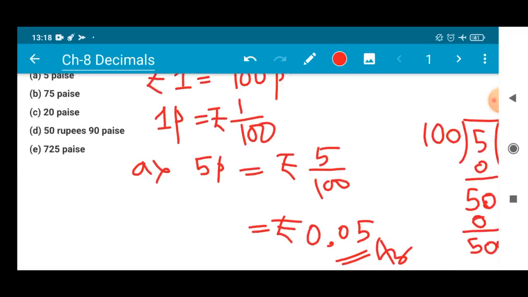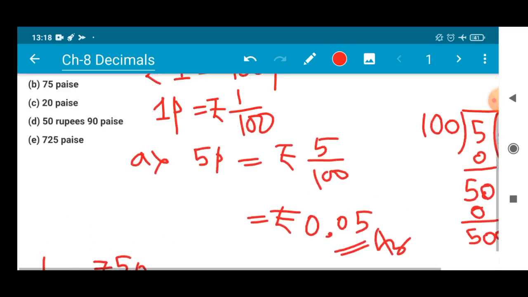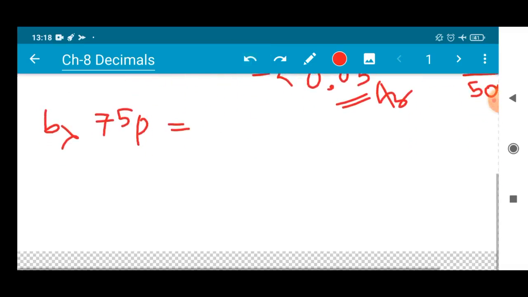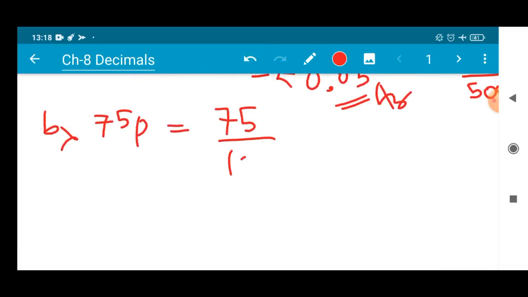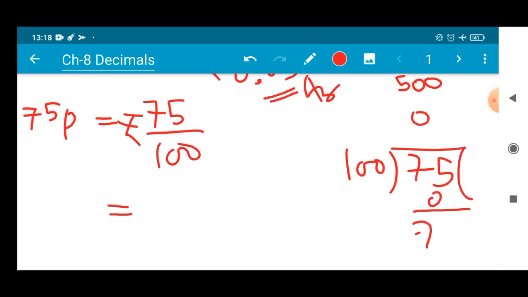Okay, next 75 paise. 75 paise we have to express in rupees. We got to know that 1 paise is equal to 1 by 100 rupees. Now 75 paise means it is 75 by 100 rupees. Yes. Now divide this, 75 by 100. 100 zeros are 0. 75.